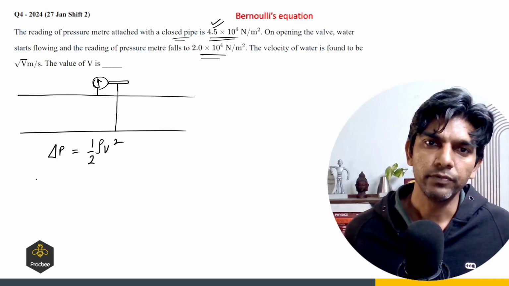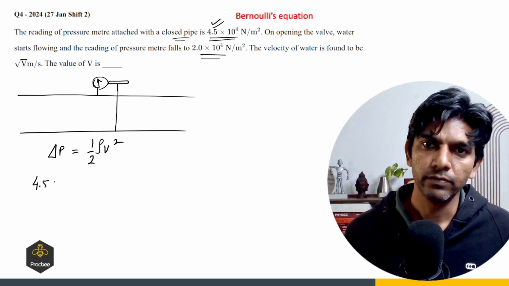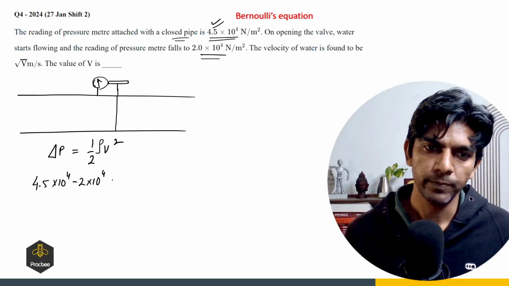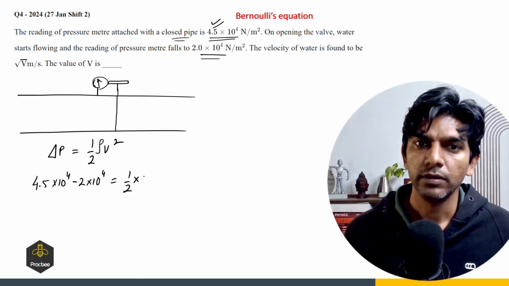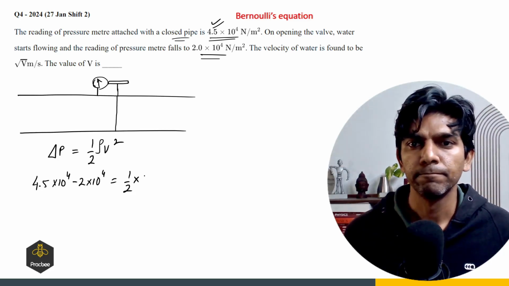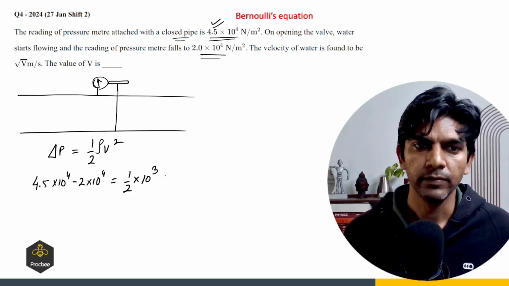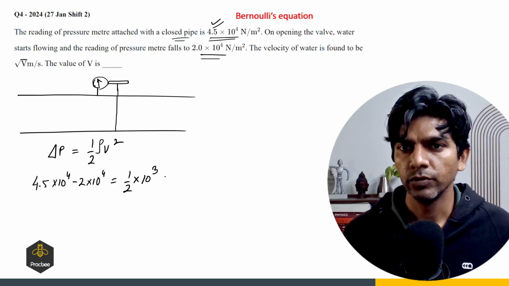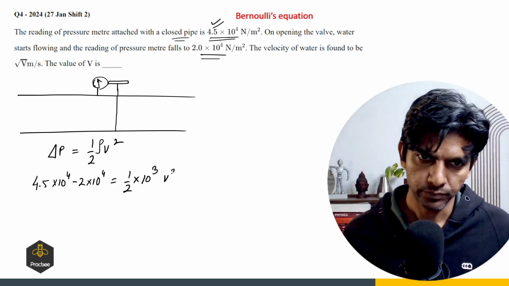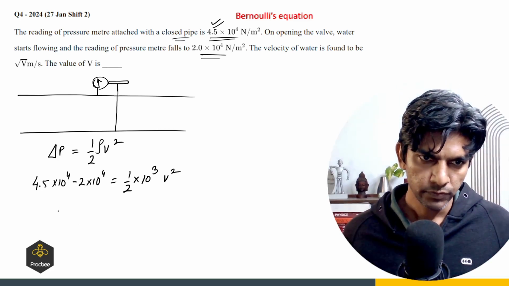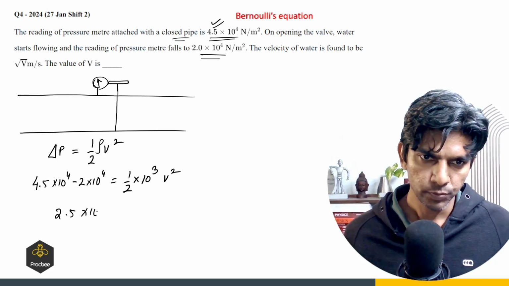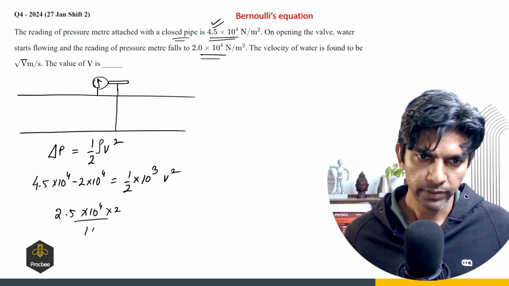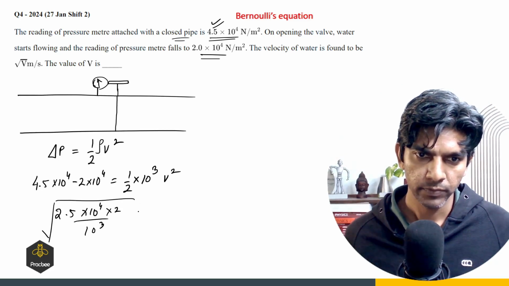So the loss in pressure energy will be the gain in kinetic energy. So delta P will be 4.5 into 10 raised to 4 minus 2 into 10 raised to 4 is equal to half density, it's water, right, 10 raised to 3, times V square, and we have to find the velocity of water. So this will be 2.5 into 10 raised to 4 multiplied with 2 divided by 10 raised to 3, root of that.